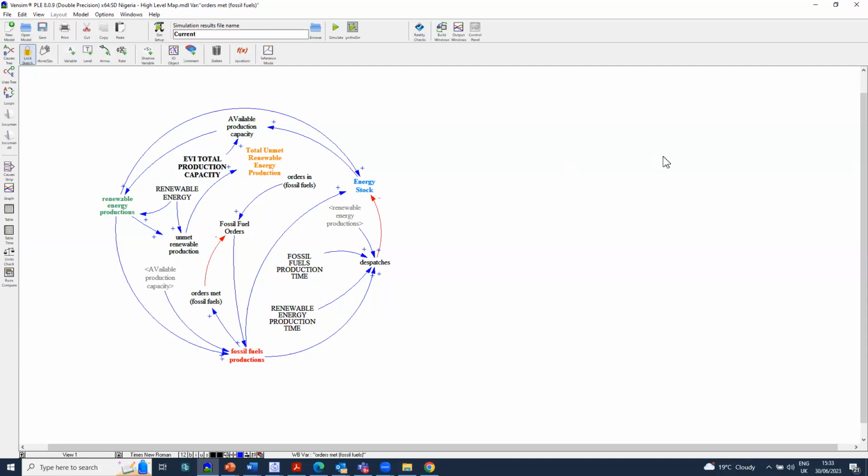So this is how you validate your model. If your causal loop diagram does not replicate your stock and flow diagram, then that story is incomplete. And this skill is a very easy thing to pick up.